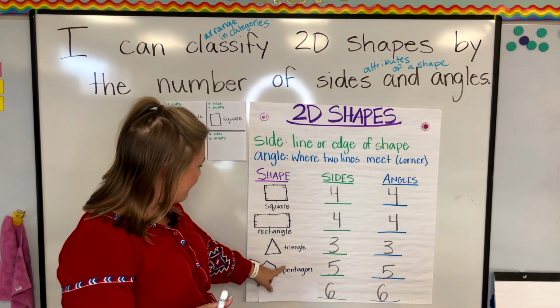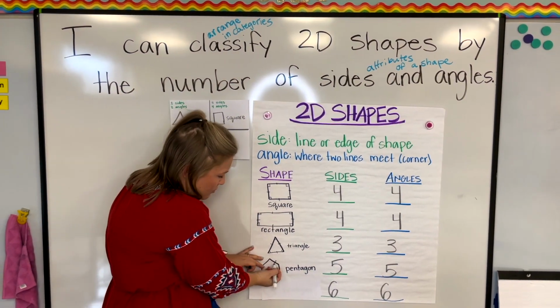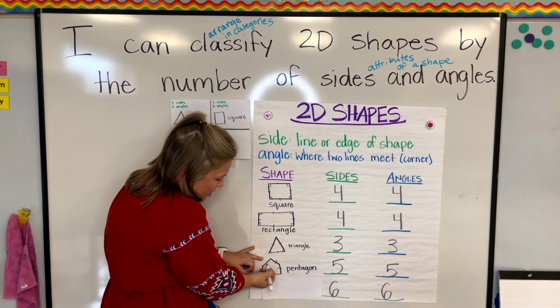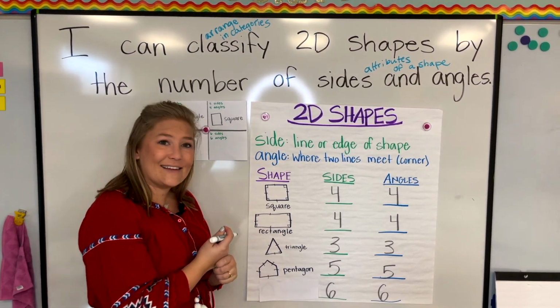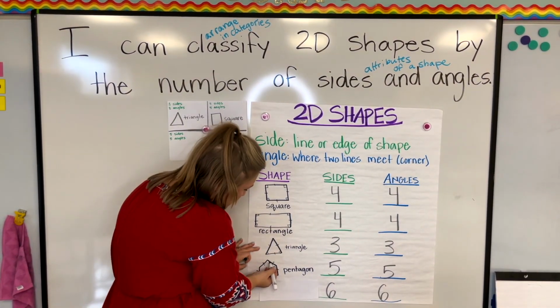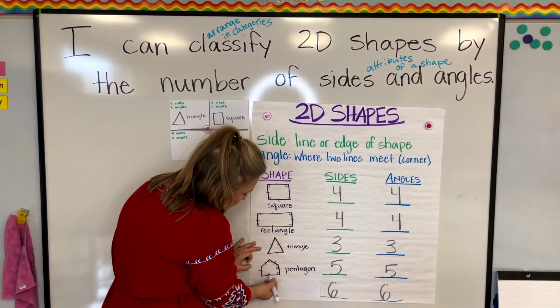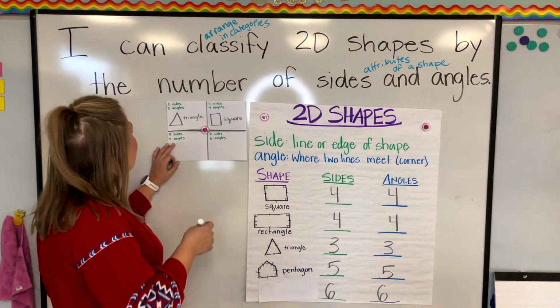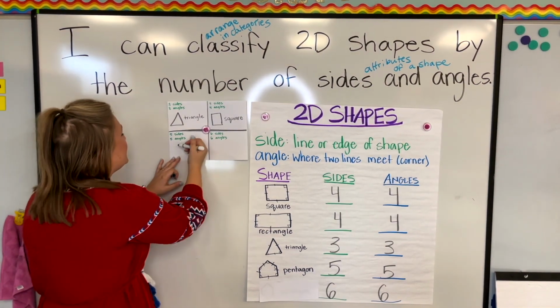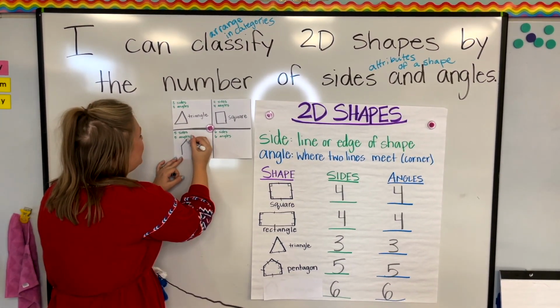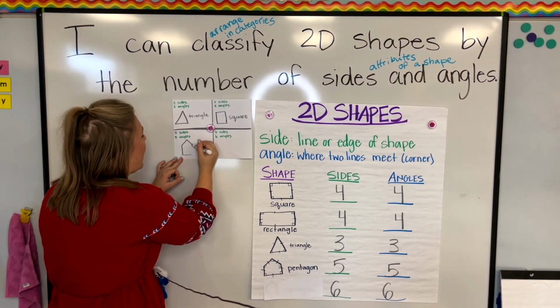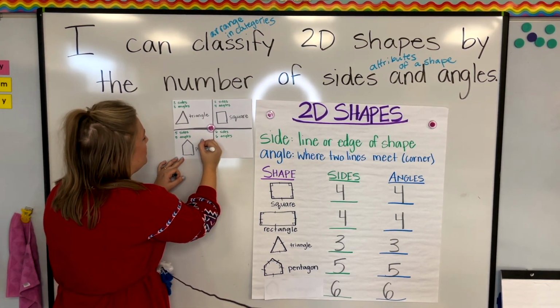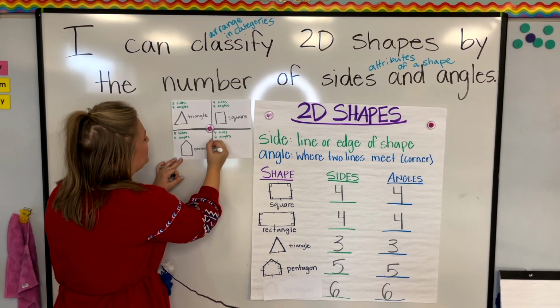Pentagon has 5 sides, 1, 2, 3, 4, 5, and 5 angles, 1, 2, 3, 4, 5. So I can come over here to my 5 sides and 5 angles, and I can draw my pentagon. Kind of just like drawing a house. Have my roof and the base.